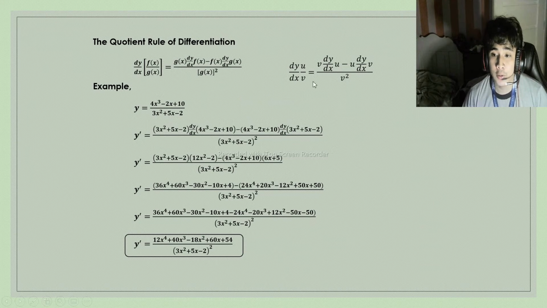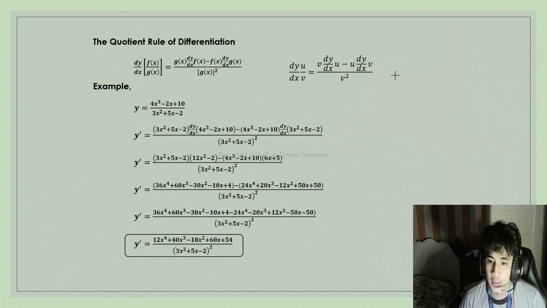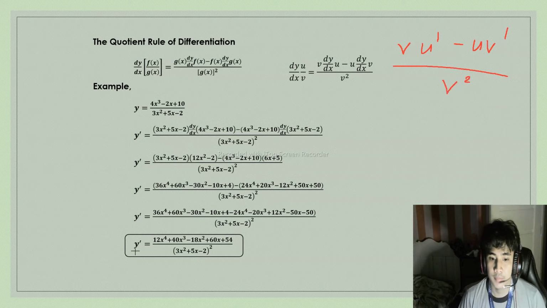So, we can also rewrite it as, like this one, v times the derivative of u minus u times the derivative of v over v squared. Yan. That's just simply it.